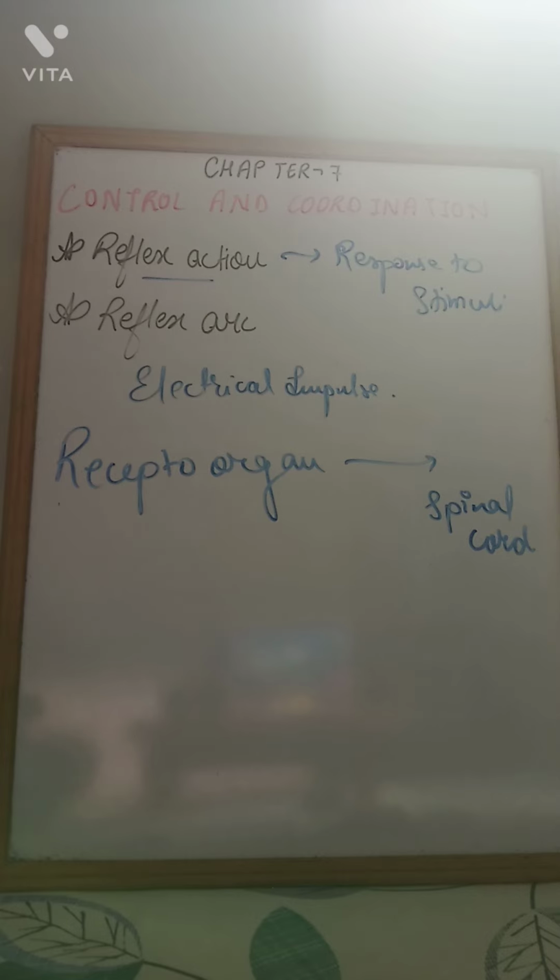Thus, receptor organ, sensory neuron, interneuron, motor neuron, and effector organ are the components of a reflex arc.